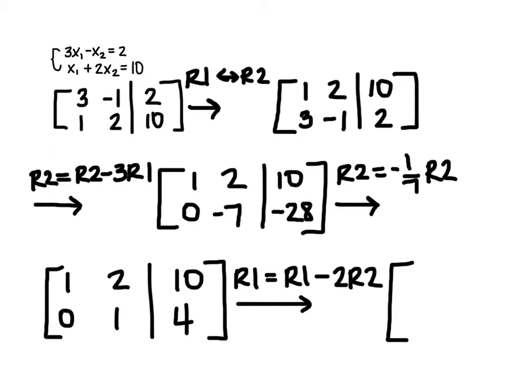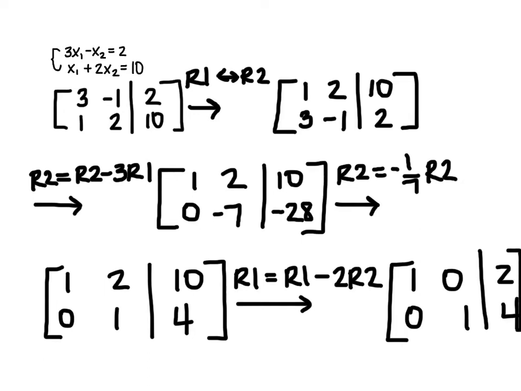Row 2 stays the same, but row 1 gets that change. So 1 minus 2 times 0 gives me 1. 2 minus 2 times 1 gives me the 0 that I need. And 10 minus 2 times 4, or 10 minus 8, gives me the 2.